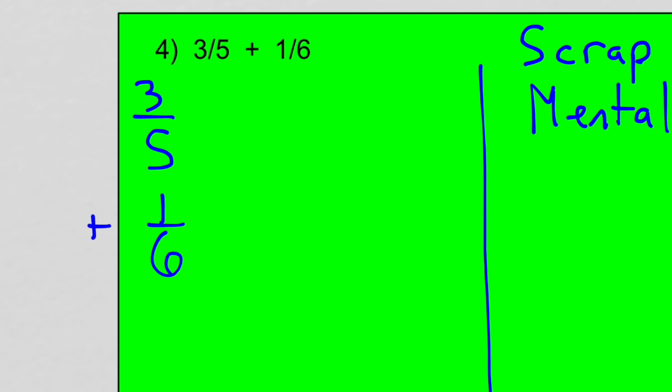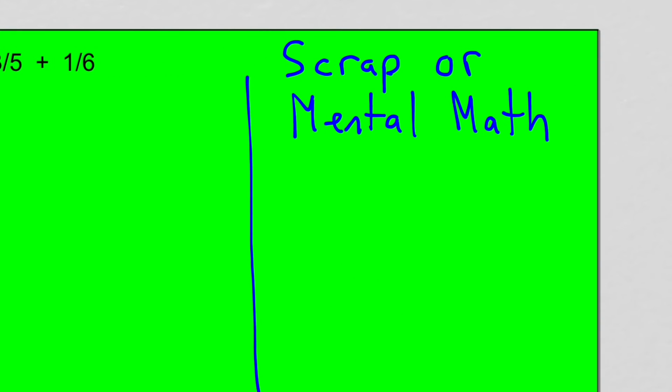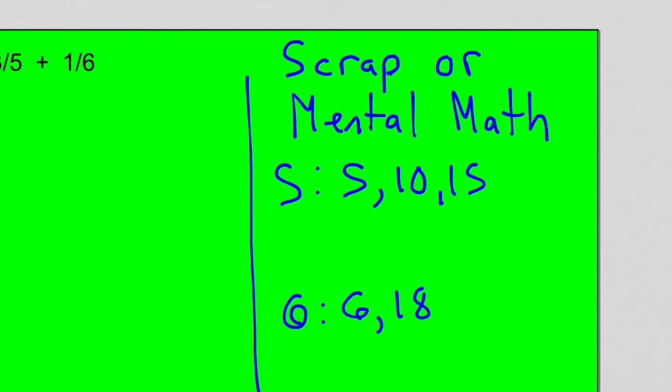Okay. So the denominators are 5 and 6. So I'm going to take denominator 5, I'm going to take denominator 6, and I'm going to skip count. 5, 10, 15, 6, 18, not 18, 6, 12, 18.